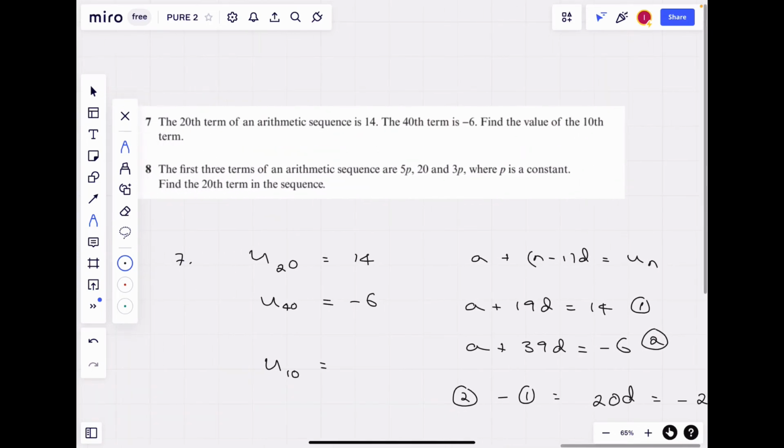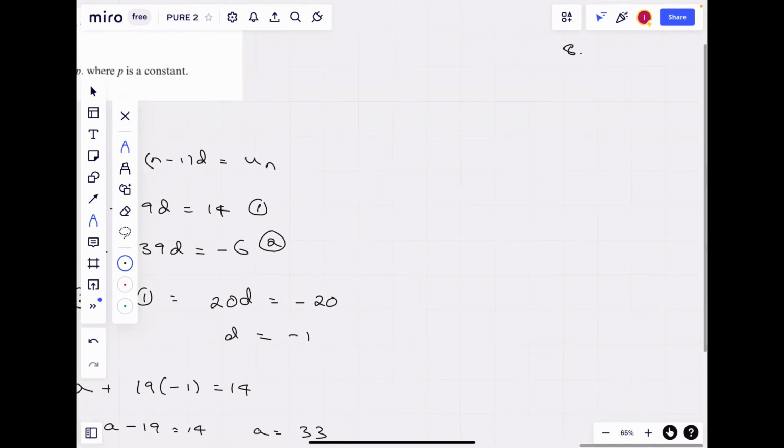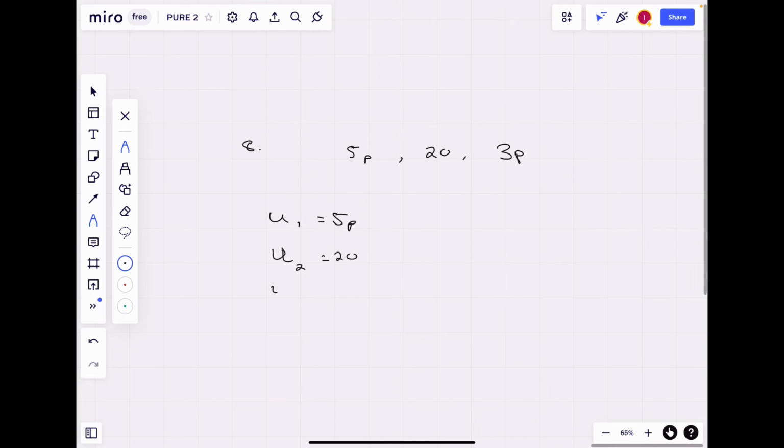Question 8. The first 3 terms of an arithmetic sequence are 5p, 20, and 3p. Find the 20th term. Okay. So we've got 5p, 20, and then 3p. Those are the first 3 terms. So u1 equals 5p, u2 equals 20, u3 equals 3p. a is 5p because that's the first term.